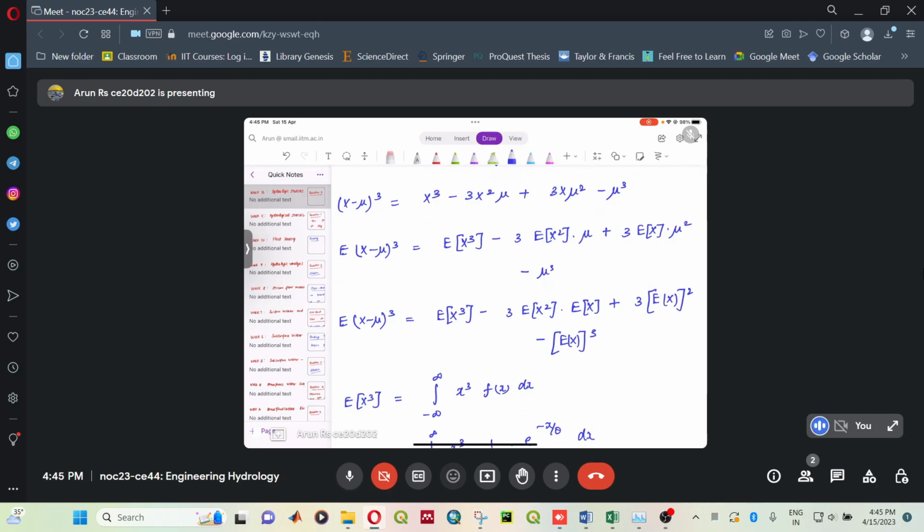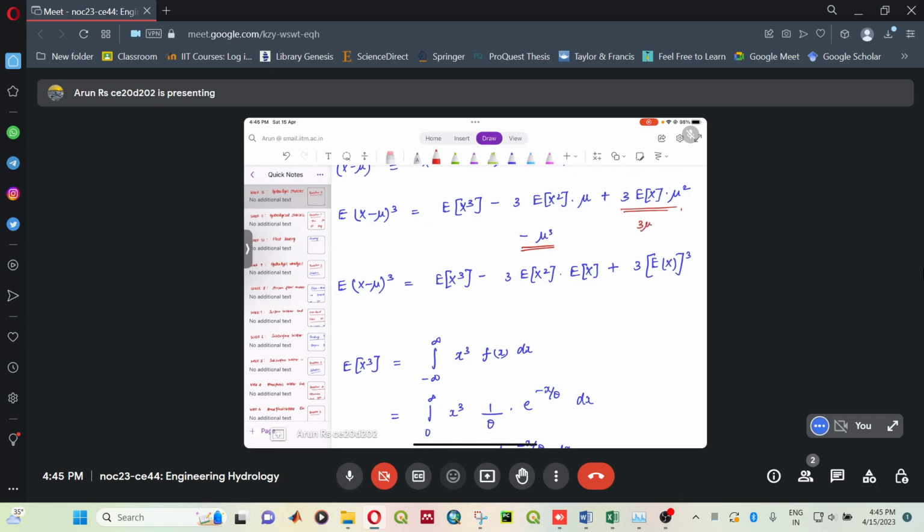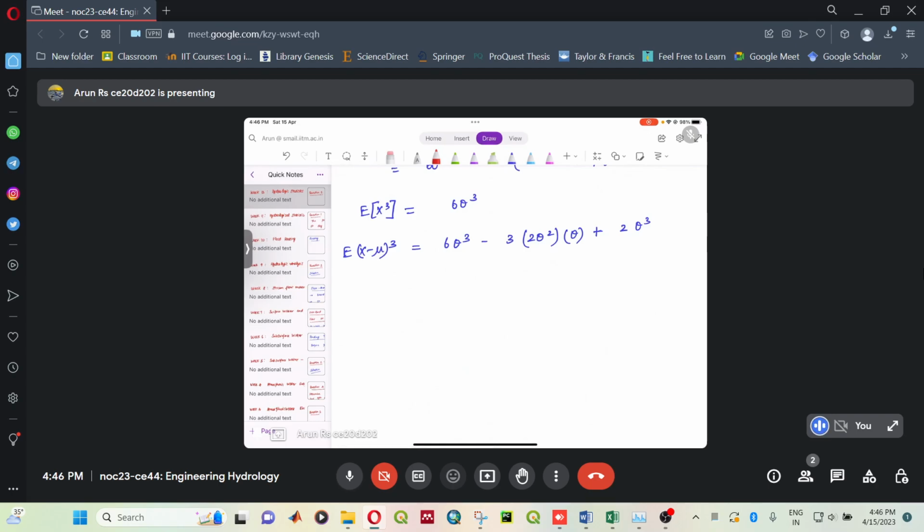Here it is mu square. Okay, that was a small calculation mistake.